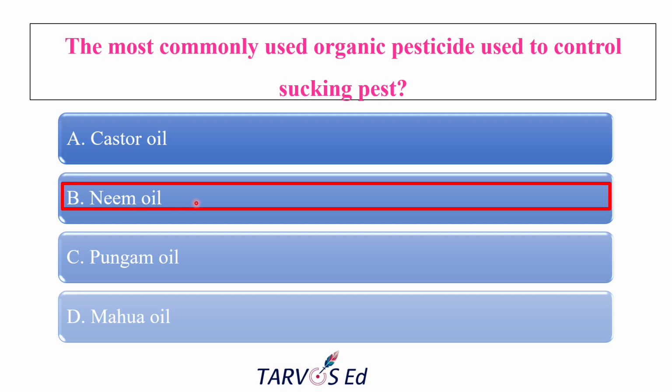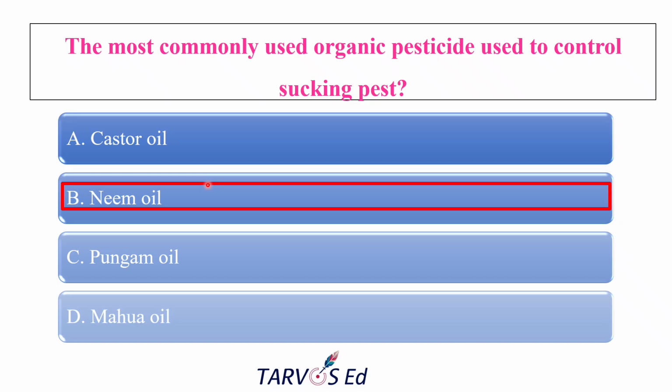Usually 3 percent is recommended, that is 3 ml per liter. This neem oil is cheap and easily available, and it is registered under the Insecticides Act 1968. So it is also accepted in organic certification. For sucking pests we can easily use this one since it is very cheap.